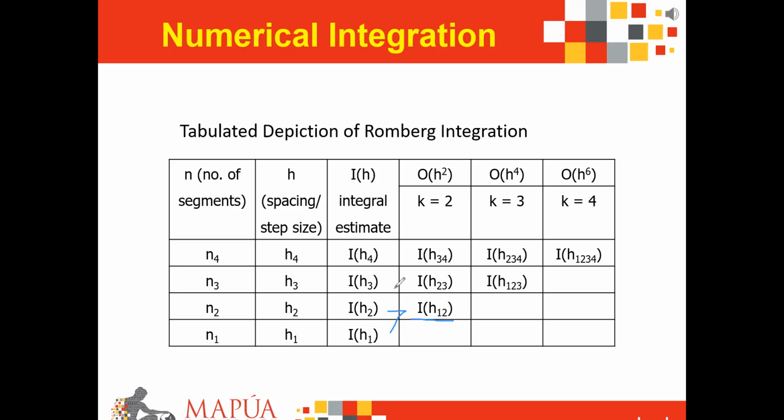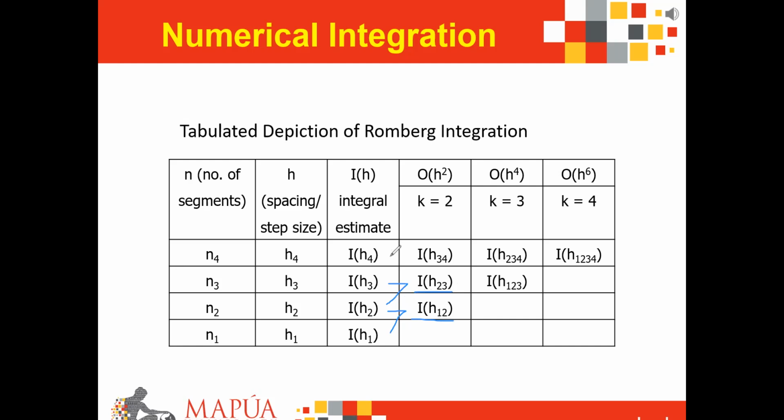Okay, next, I improve the integral estimate for IH3 and then use IH2. Again, more accurate is your IH3, while your less accurate now would be your IH2. Applying the extrapolation formula, I could evaluate and improve your integral estimate.